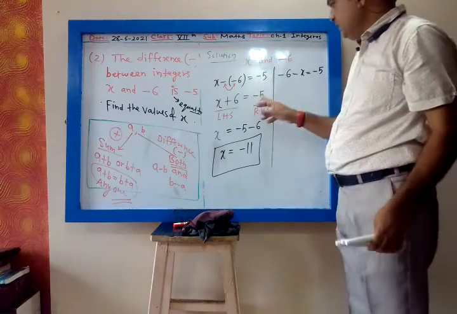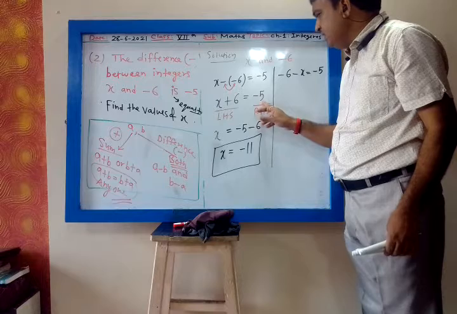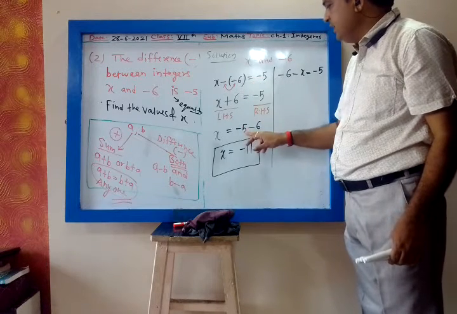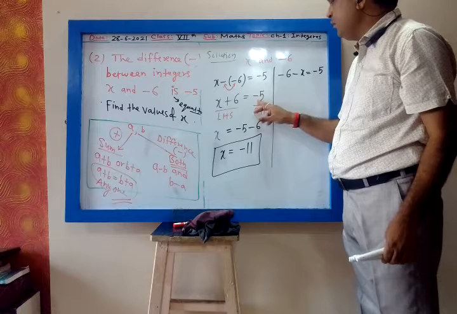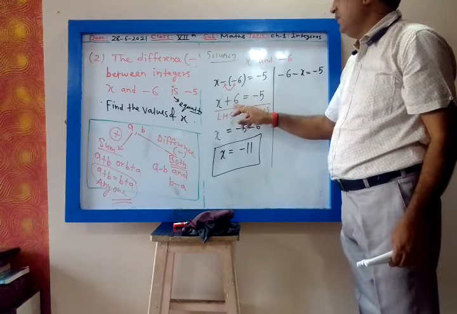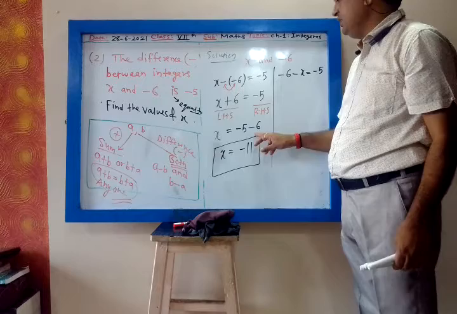See, minus 5 is after the equal sign, and I am not changing its side. Only I am changing the side of 6. Minus 5 side I am not changing.